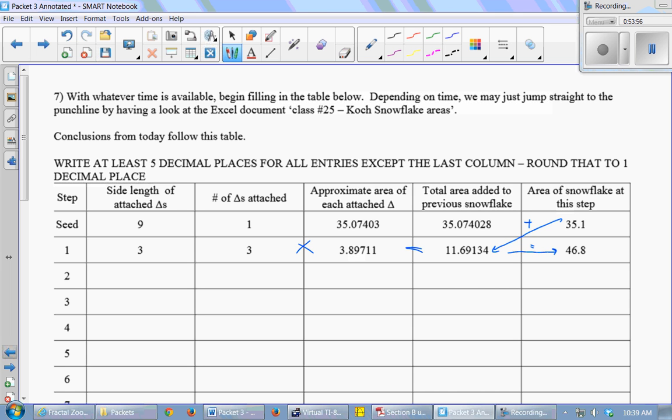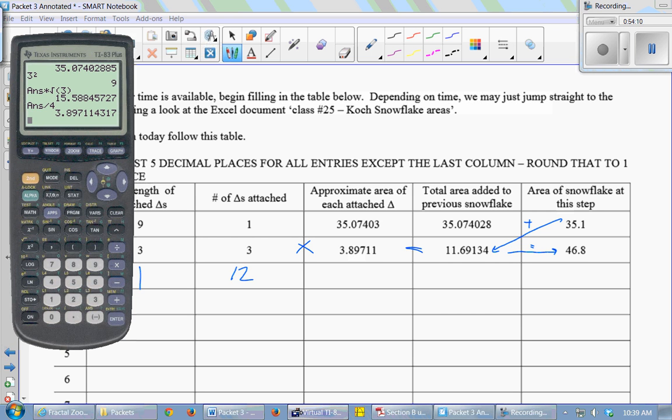So in my next step, the side length of each attached triangle would be 1. How many triangles do I attach? 12. Yep. And the area of each attached triangle would be 1 squared times the square root of 3 divided by 4, which is about 0.433.